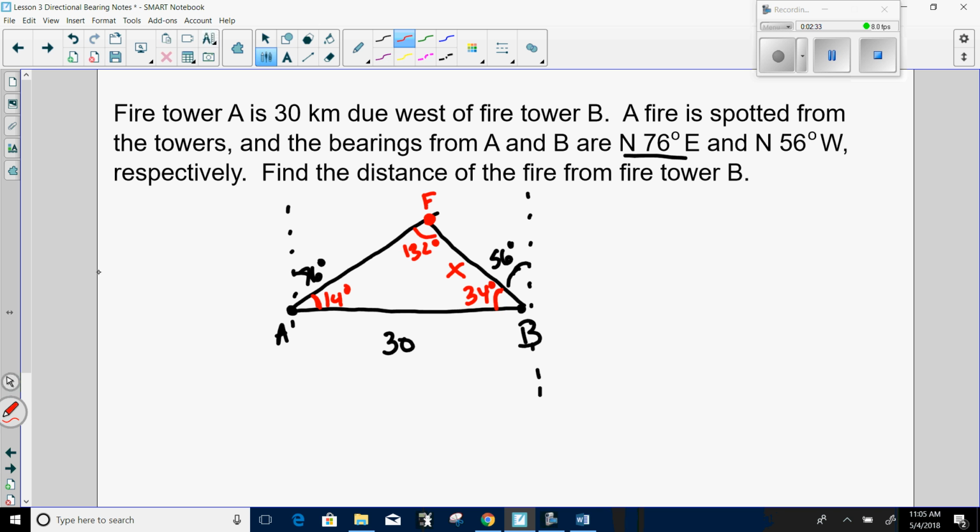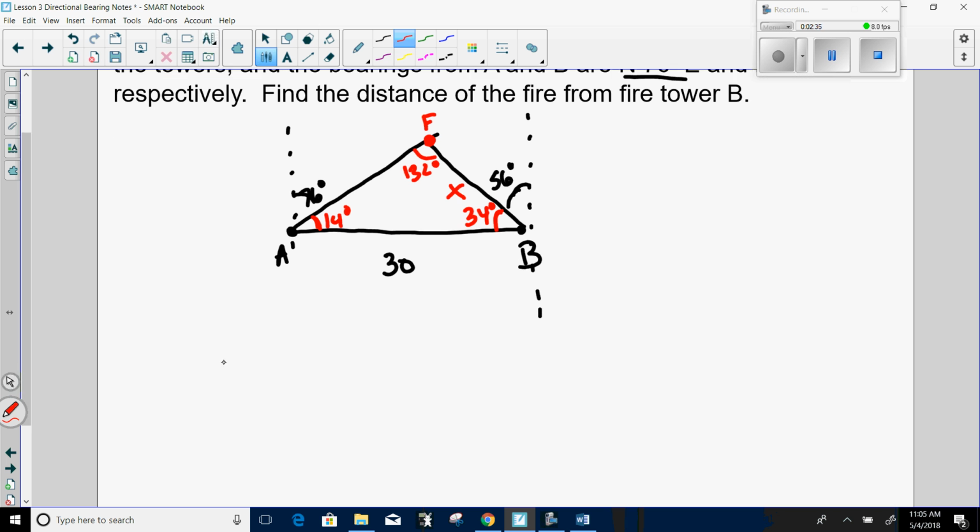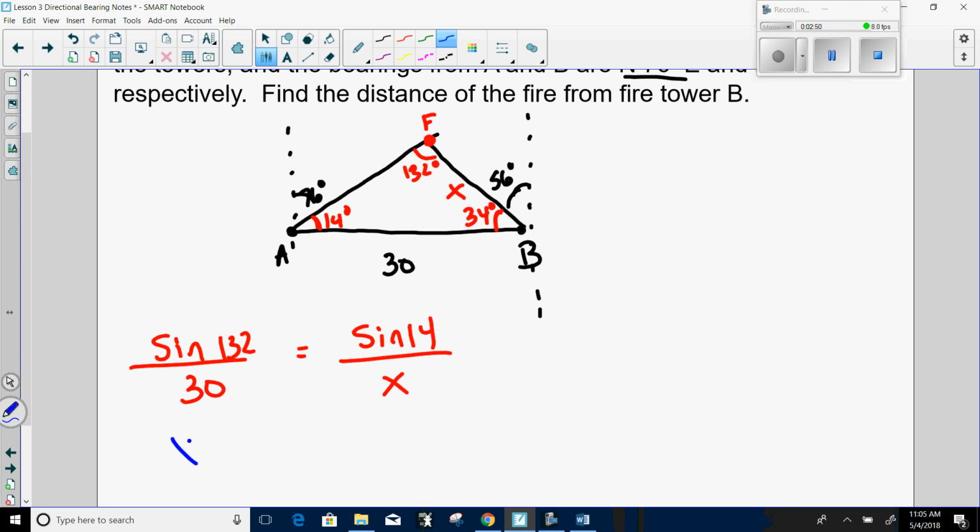So now we can set up law of sines and solve what we want. It'd be sine 132 over 30 equals sine of 14 over x. Now we cross multiply and solve. I'm going to get x sine 132 equals 30 sine 14.